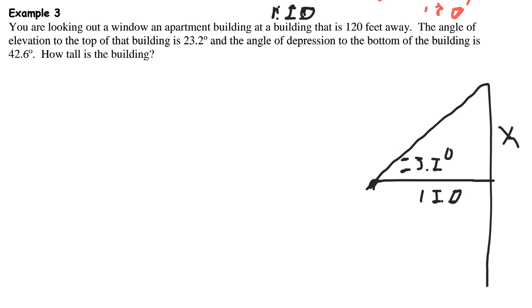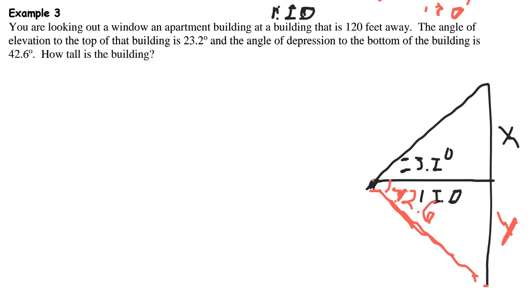Your other piece you're looking at is you're looking down, and your angle of depression, which happens to be inside here again, is 42.6. So that's your angle. You need this piece over here, Y. You have the 120 still. So opposite over adjacent again.